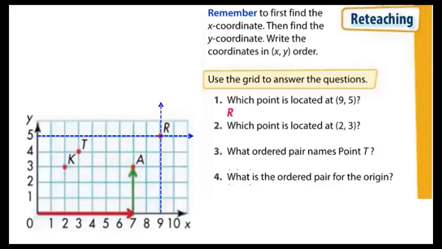Question number 2. Which point is located at 2 and 3? I'm going to do the same. Move 2 units on x and drop a perpendicular like that, and 3 units on y and drop a perpendicular like that.